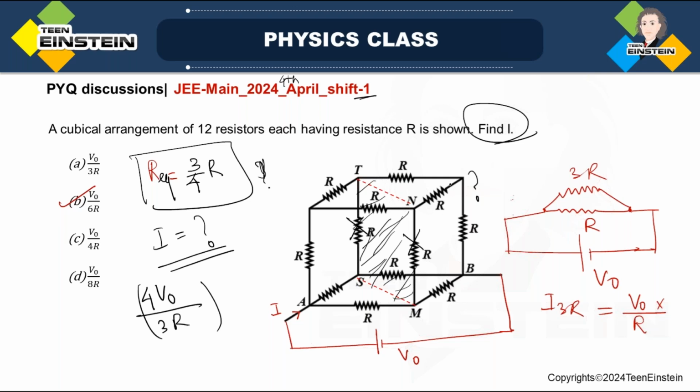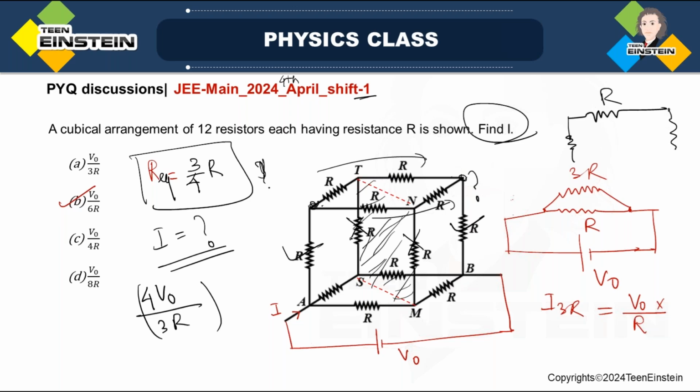If there is no branching of current over here, these two will be in series, so 2R and this will be 2R. They are in parallel at these particular ends, because these two ends will have the same potential according to the symmetry relation. So 2 will give you resistor 1, and you have another 2 resistors here.